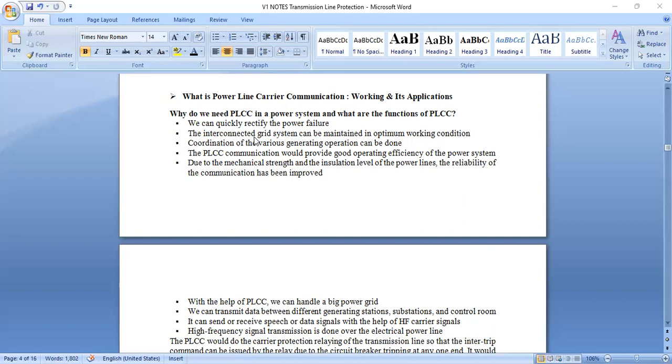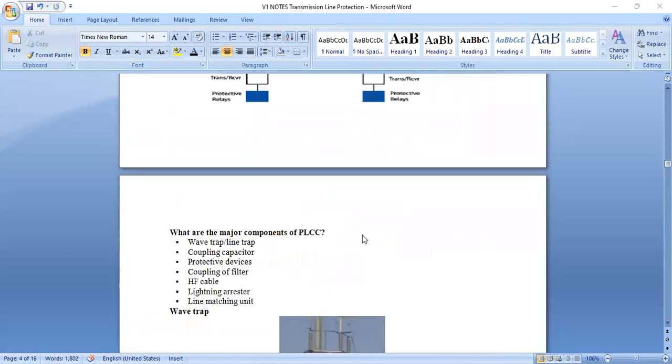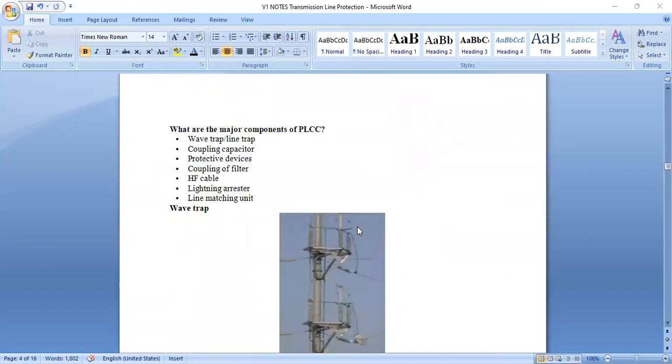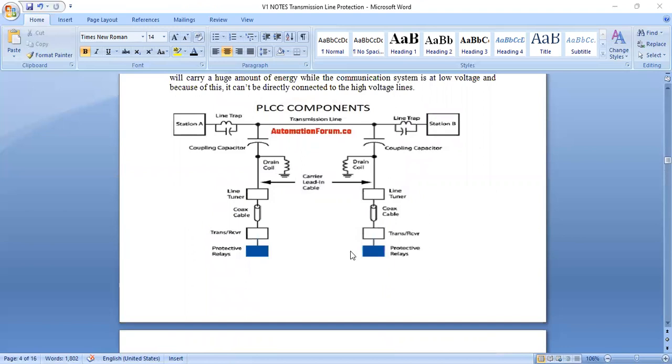It is the tower line on which the phases are carried. Suppose these are the two transmission lines, and on the tower line there are two phases: this is one phase and similarly this is the second phase.